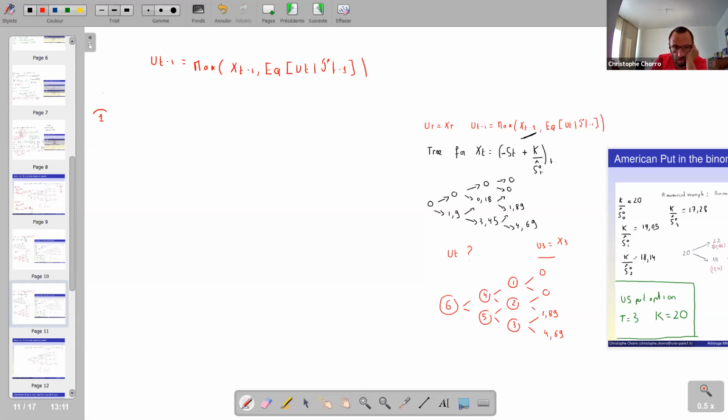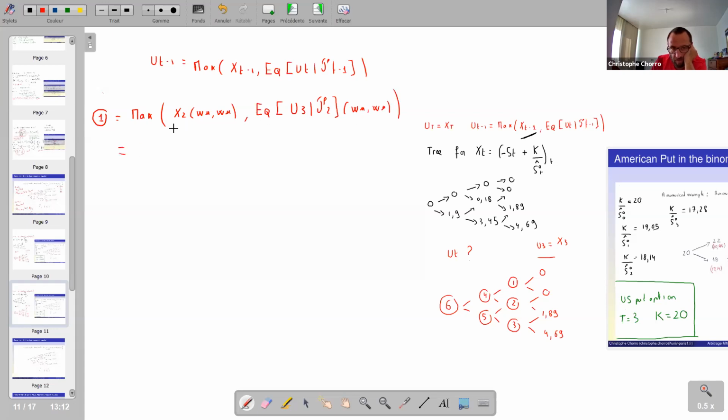1 is just the max between x2 and the conditional expectation under Q of U3 given F2, the conditional expectation under Q, of course.